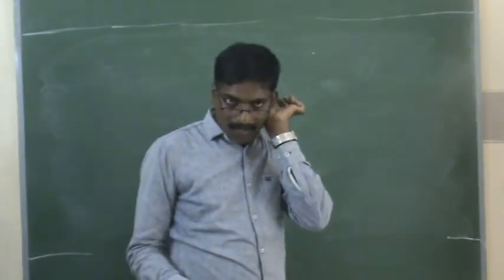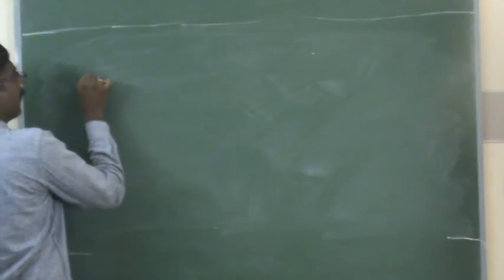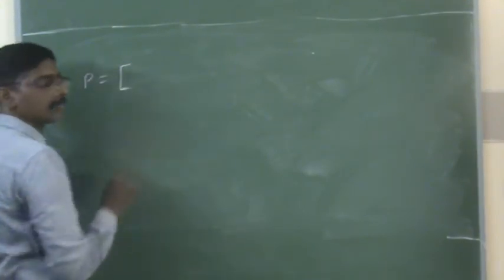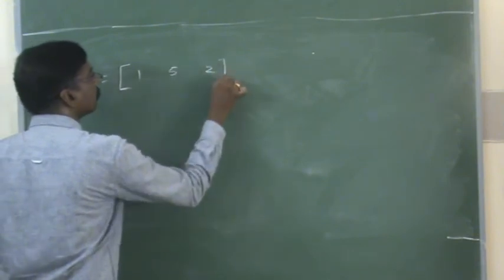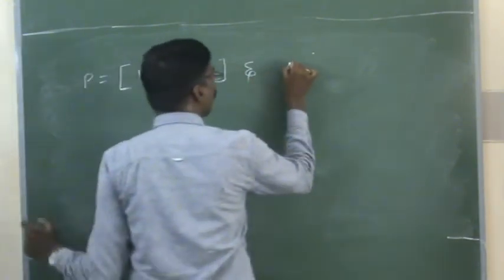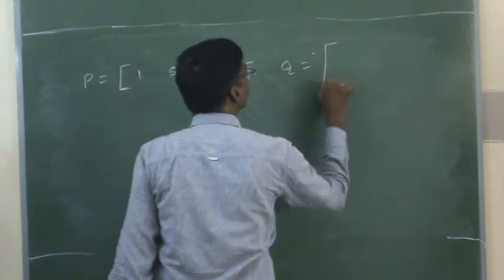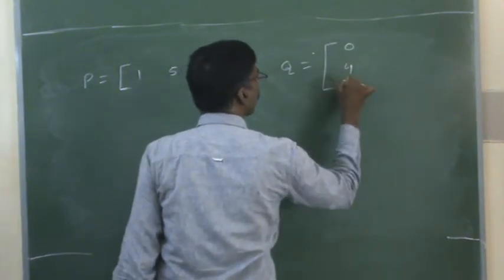Then coming to one more example of addition of the two matrices: matrix P is 1, 4, 5, 2 and matrix Q is 0, 4, 1.